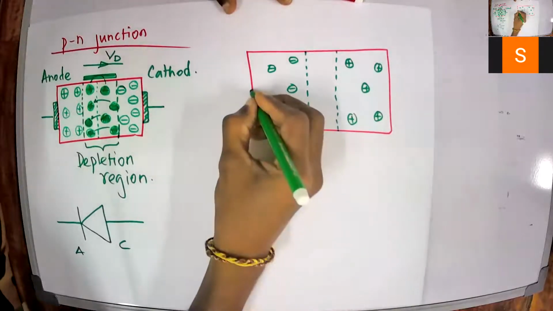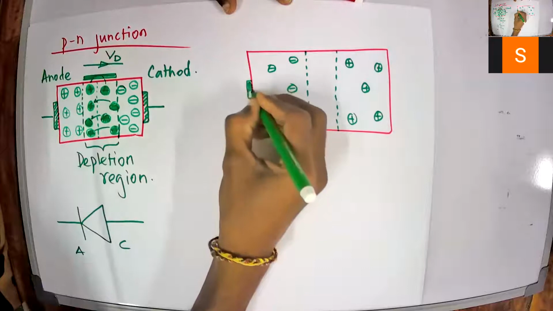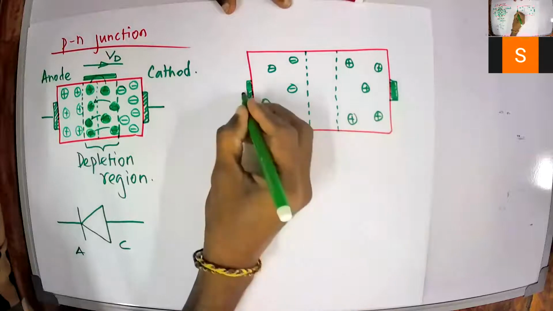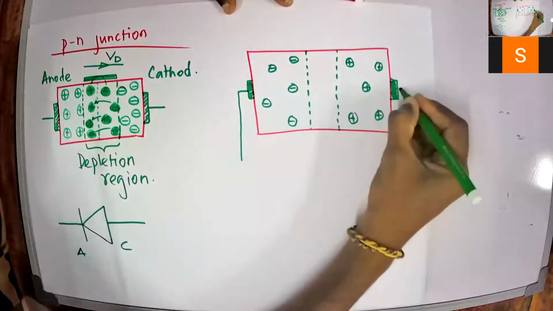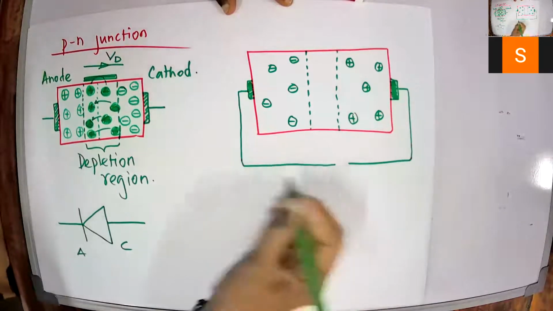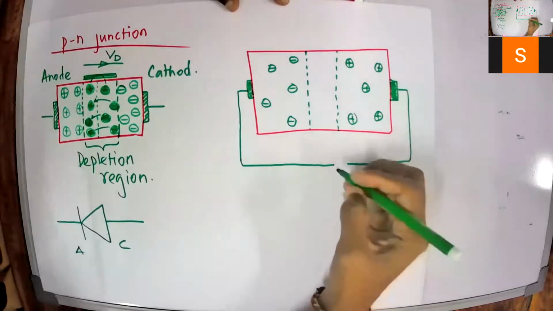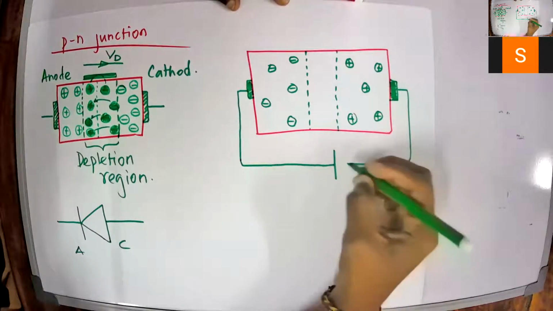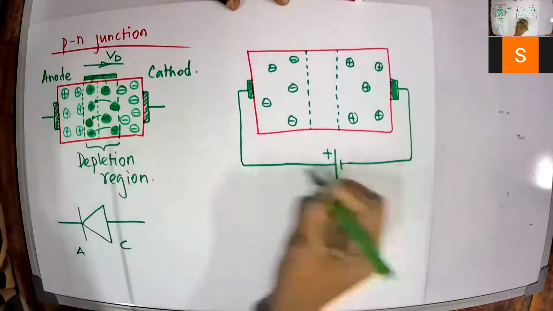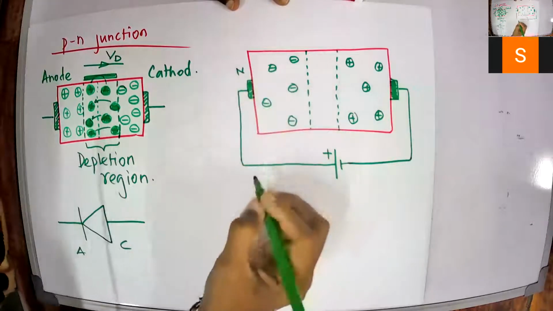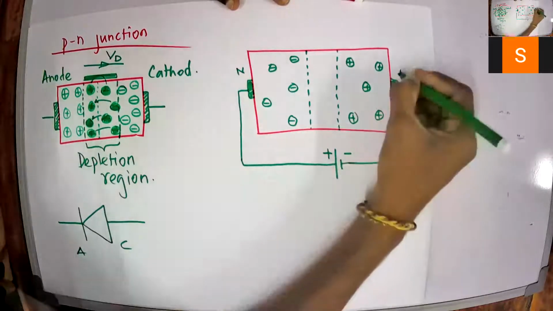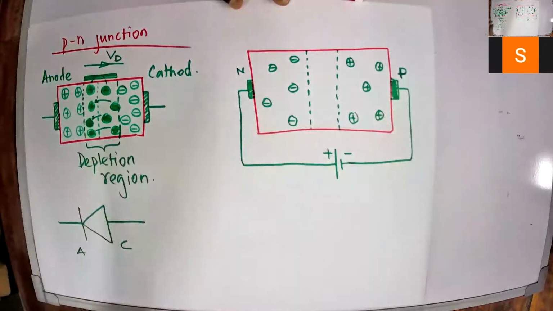Of course, I can have ohmic contacts right here and here, and then you can connect it to an external battery or an external electric field. This you have studied already in your A levels and O levels. Now what I am going to do is connect the positive side of the battery to the negative side of the diode and the negative side of the battery to the positive side, that is the P side of the diode.